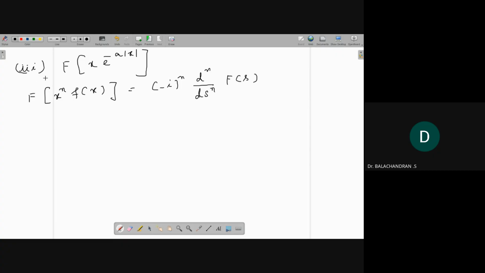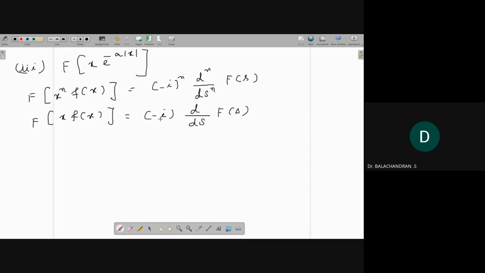Okay, now here if I substitute n equal to 1, the Fourier transform of x into f of x is equal to minus i whole power 1 d by ds of f of s. So this result I am going to use now.